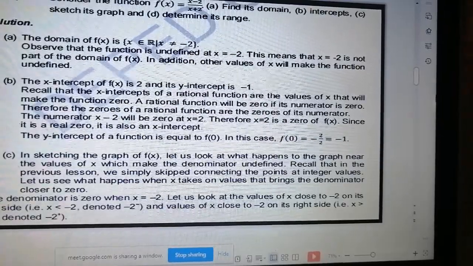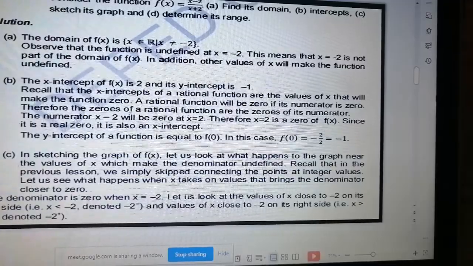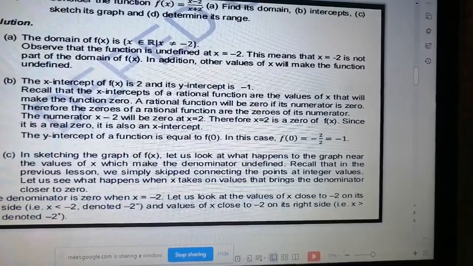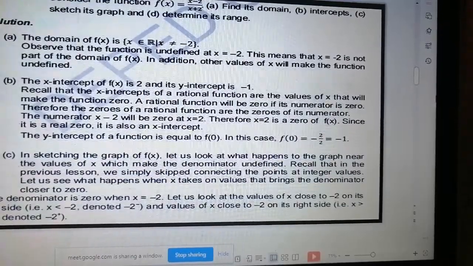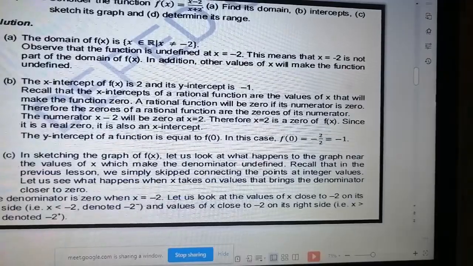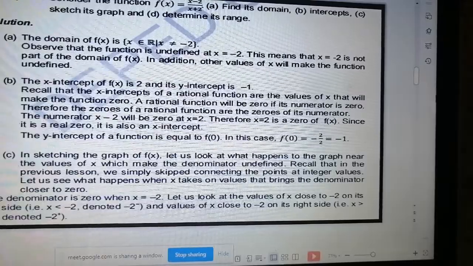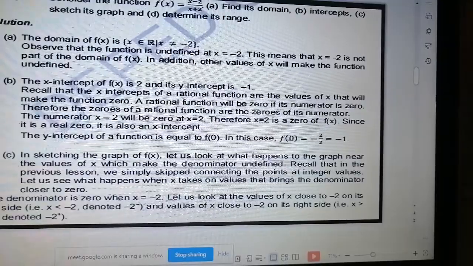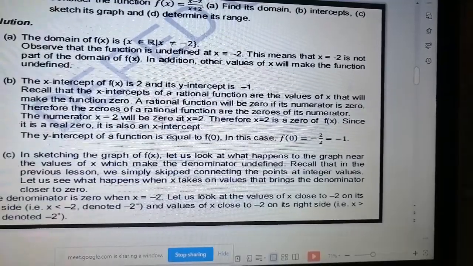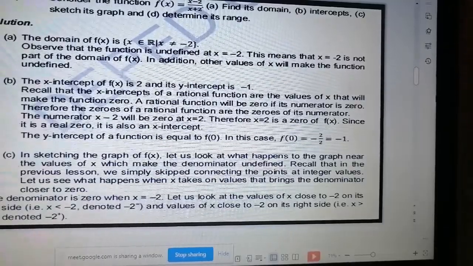Okay, solution natin, find the domain. The domain of function f is the set of real numbers where x is not equal to negative 2. Yan ang domain natin. Observe that the function is undefined at x equals negative 2. This means x equals negative 2 is not part of the domain of the function.